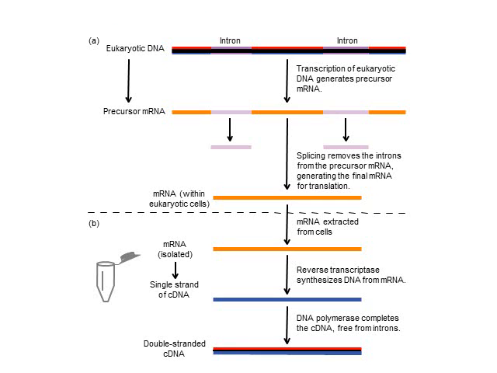And this is showing this process. Normally at the very top we have a eukaryotic piece of DNA, and it has exons, the red parts, and introns, the blue or purple parts. So remember, during transcription you take your DNA and you make a pre-mRNA molecule.